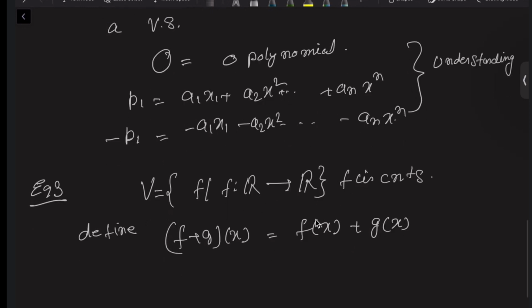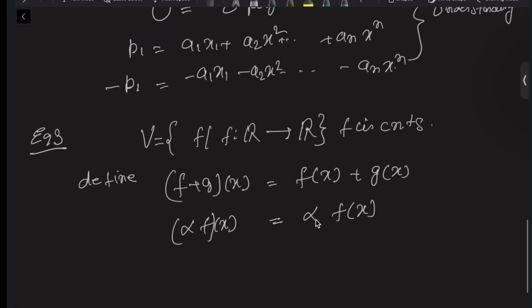And similarly for scalar multiplication also. So what I'll do is first I'll find the value of the function at that point x, and then I'll multiply it by the scalar. So this is our usual way in which we add or subtract or multiply functions.